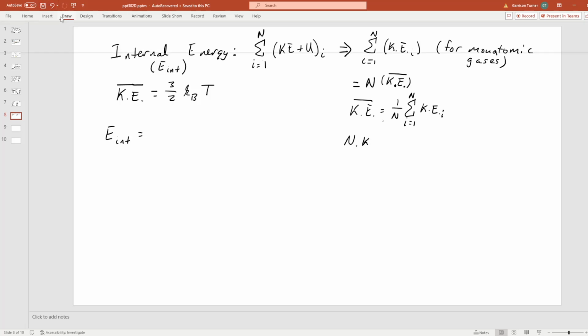Again, not a vector sign. Okay. So then in this case, if I multiply this through, my Ns cancel out, and it's just the sum of KE_i.